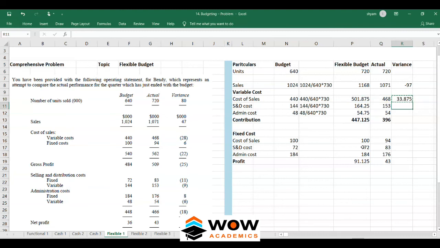So we can work out for almost all. See, the variance occurs because of the fall in sales. Sales should have been 1168, but it is only 1071. So because of that only the variance is incurred. So this is a negative number.